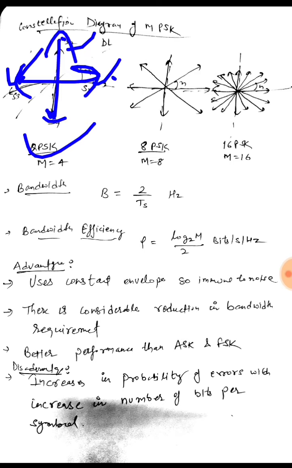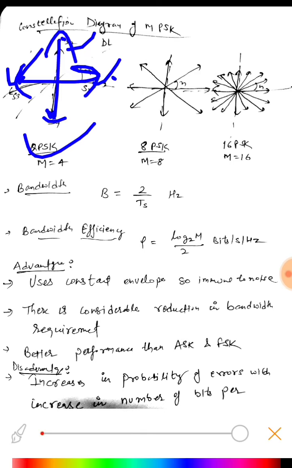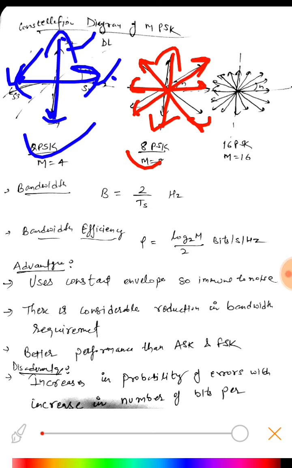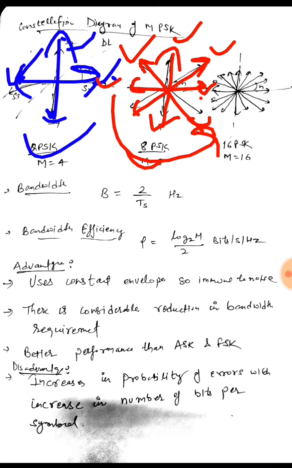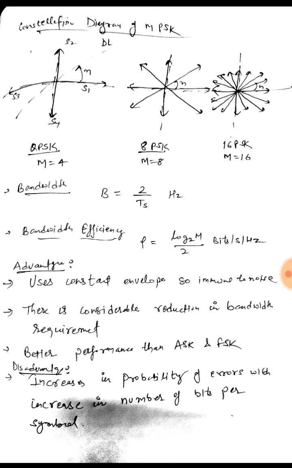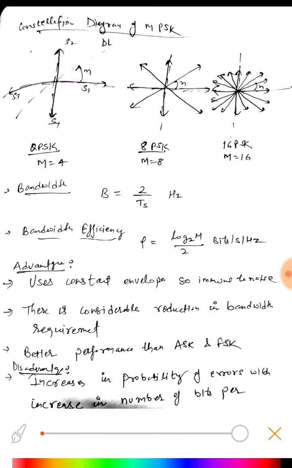Similarly, if we are using let's say 8, there will be 8 phase differences or 8 symbols having different phases. So it will start from here: 0, 45, 90, 135, 180 and so on. Okay, now let's say we have 16 symbols, then it would look like this.